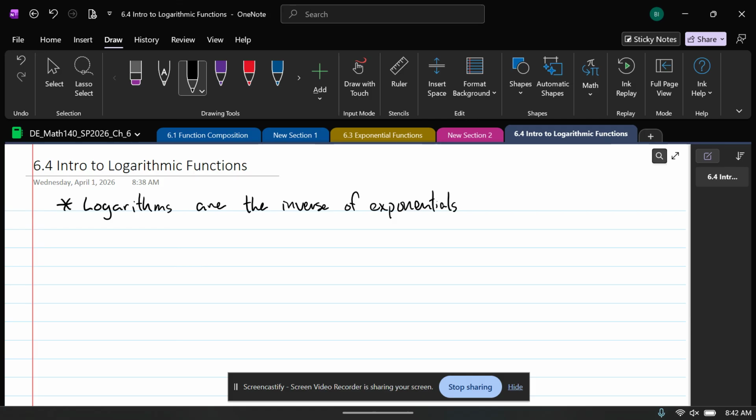Okay. So the first thing that we're going to do is play on that information that logarithms and exponentials are related to one another as inverses, and we're going to be writing an exponential as a logarithm.